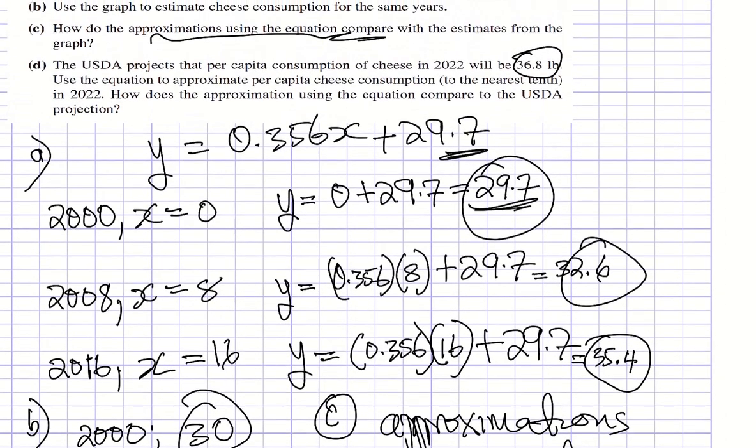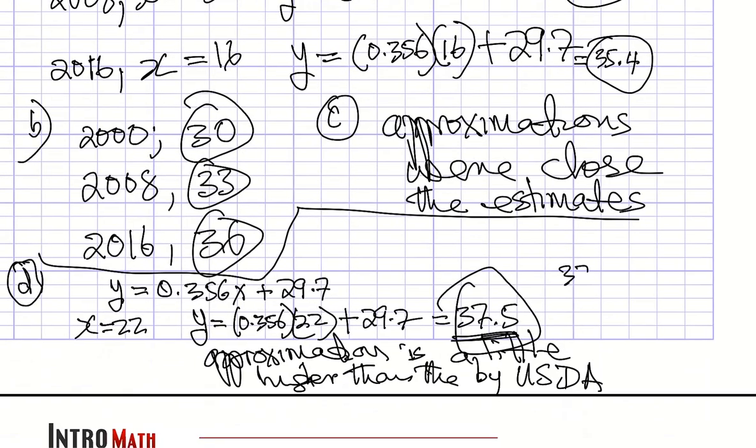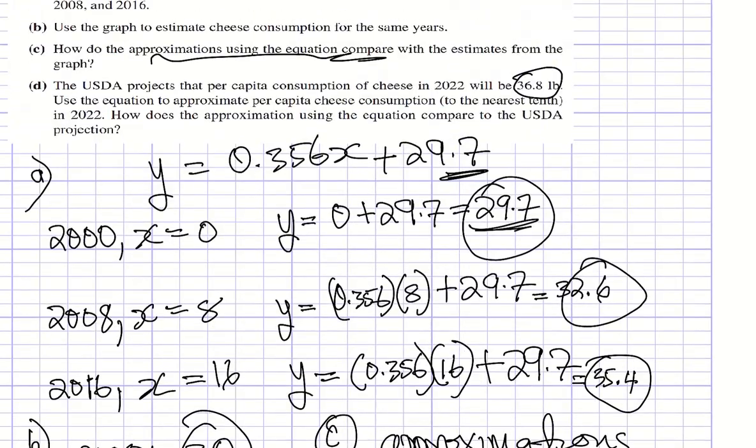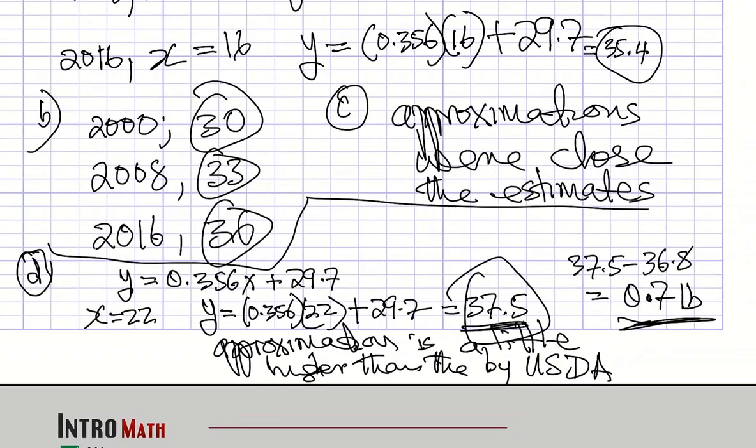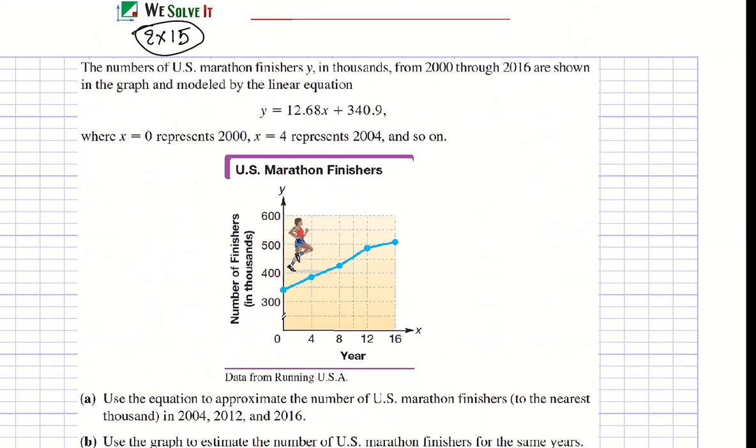So ours is a little more, right? 37.5 minus 36.8 is about 0.7. I think it's 0.7 pounds. That's the difference. But we're done with that. We'll leave that alone and go to the next one.